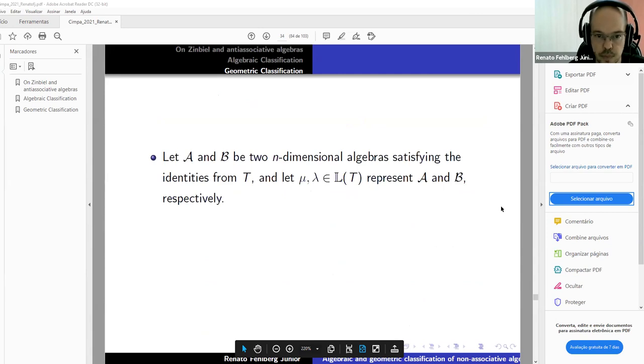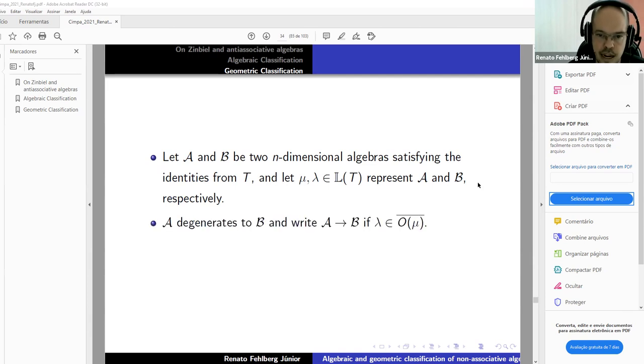Okay, if you consider two n-dimensional algebras that satisfy the identities from the set T, we'll denote mu and lambda the elements in LT that represent these algebras.